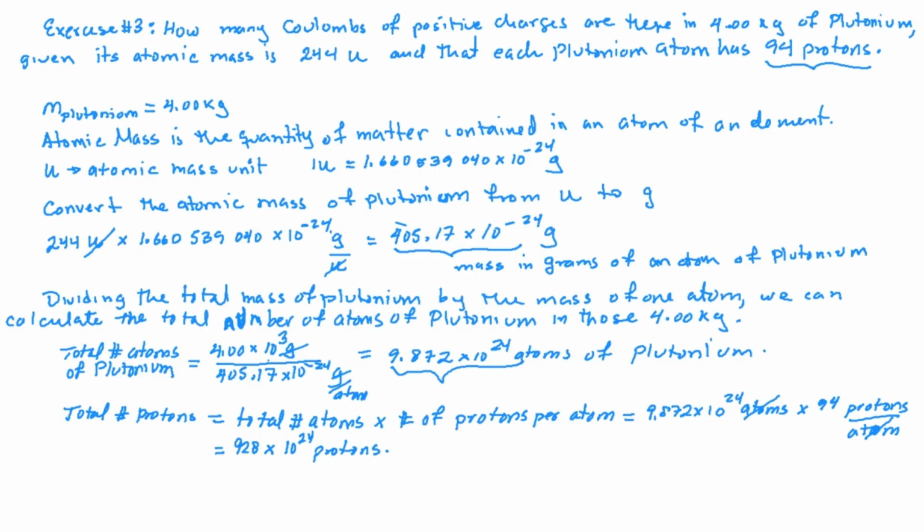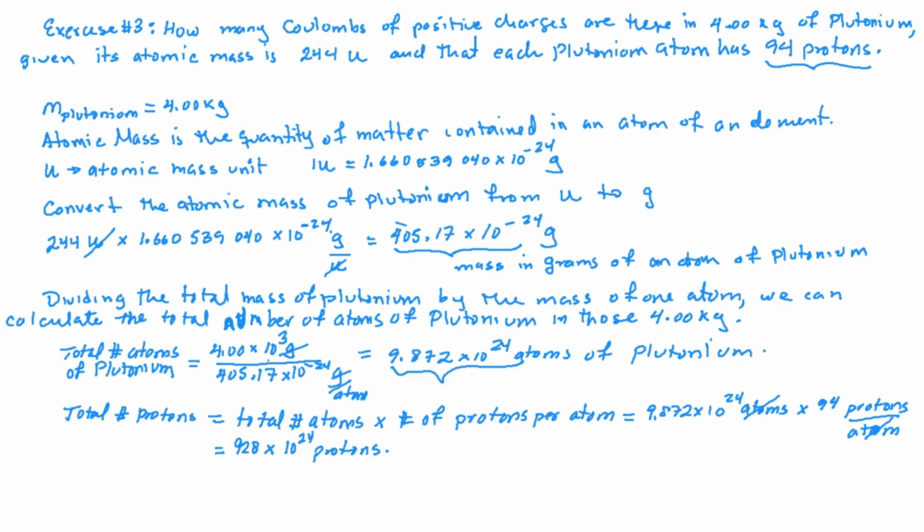So in 4 kilograms of plutonium, we have 9.872 times 10 to the 24 atoms of plutonium, and as each atom has 94 protons, we multiply this number times 94 to get 928 times 10 to the 24 protons.